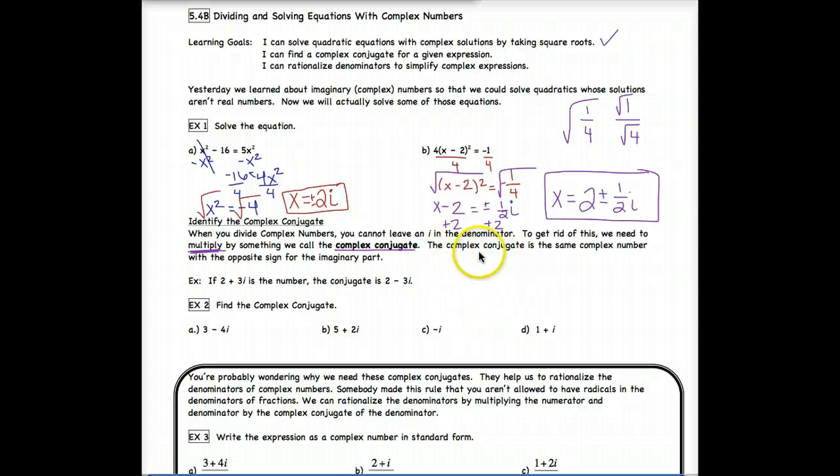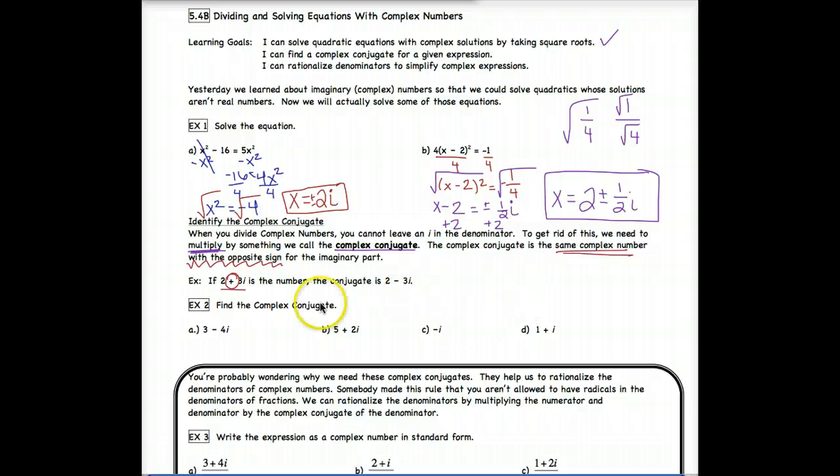The complex conjugate, even though it says complex, is really very simple. All you're going to do is take the exact same complex number, but make the sign opposite for the imaginary part. Here's a quick example. If 2 plus 3i is the complex number, I take the same complex number and just change the sign.